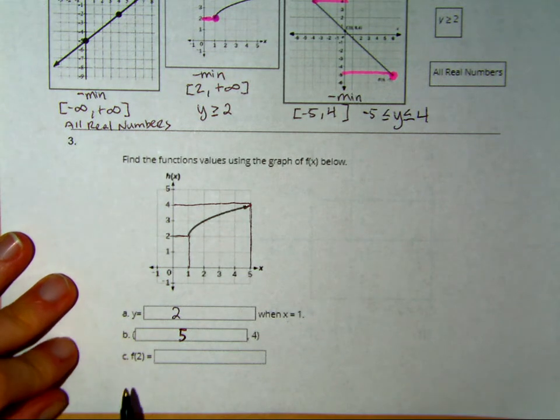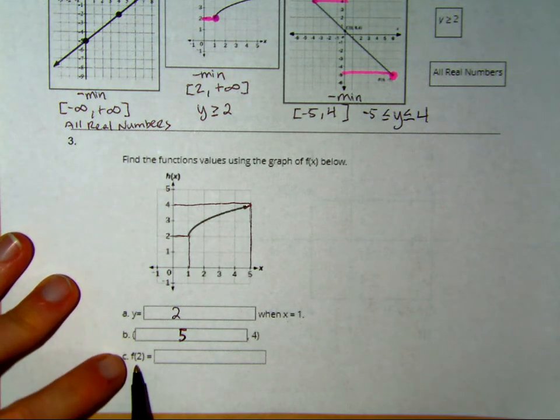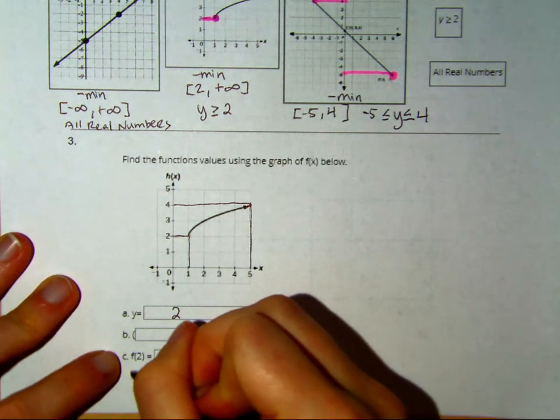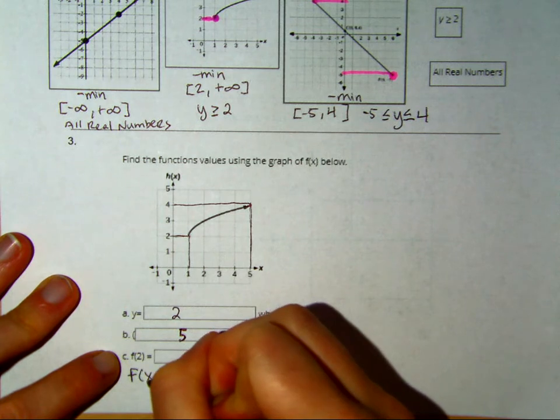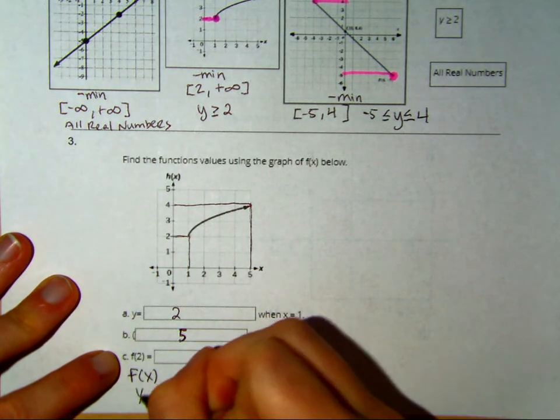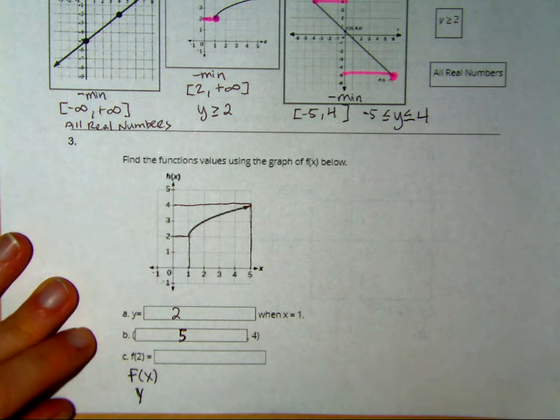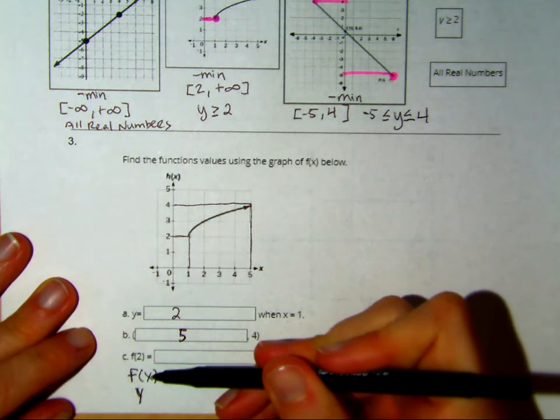Okay, so it just depends on if they're looking for x or y. So this last one, it says, what is f of 2? So our function notation says f of x is the same thing as saying y. Okay, so it's saying what is y? And they've already plugged in x for you. So do you see how here your x is replaced by 2?